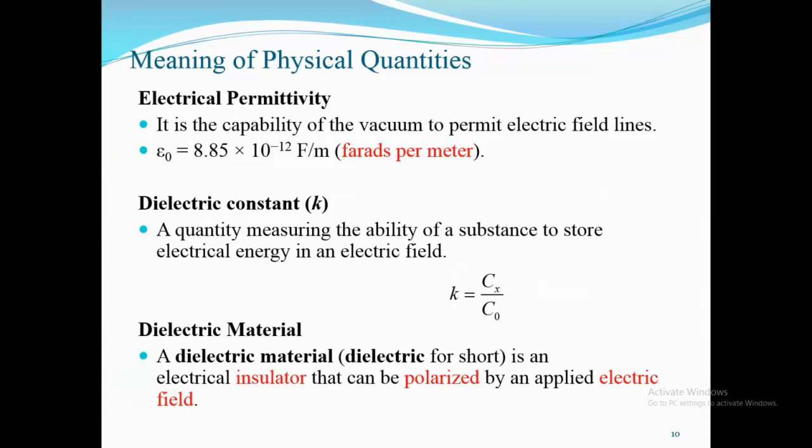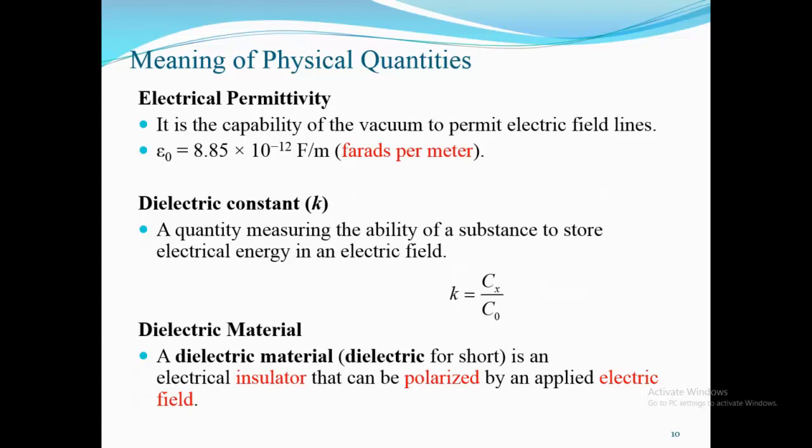Now you see meanings of some physical quantities. As I told you, electrical permittivity is the capability of a vacuum to permit electric field lines to pass through some surface, like this parallel plate capacitor. And dielectric constant is a quantity measuring the ability of a substance to store electrical energy in an electric field.